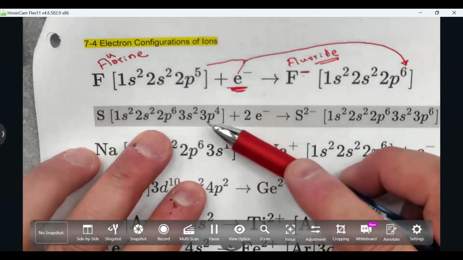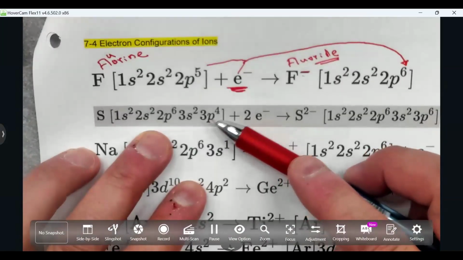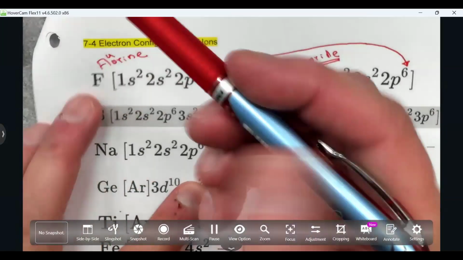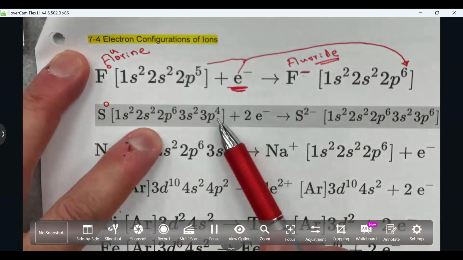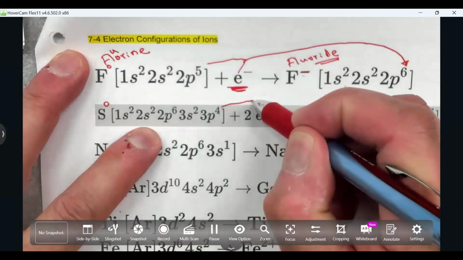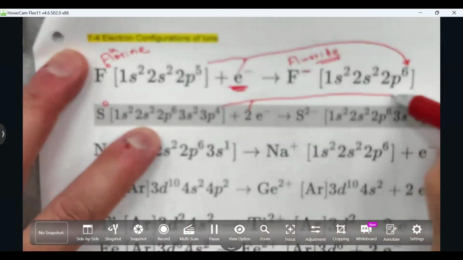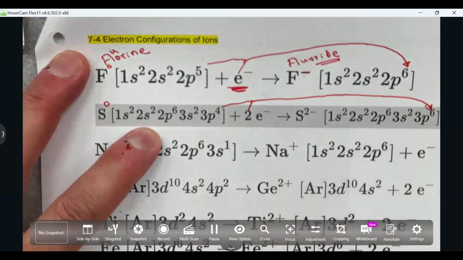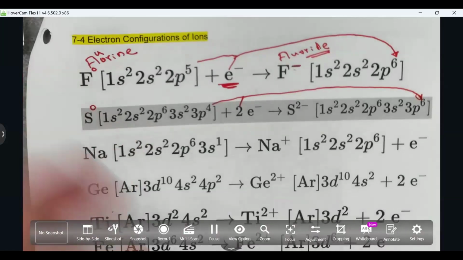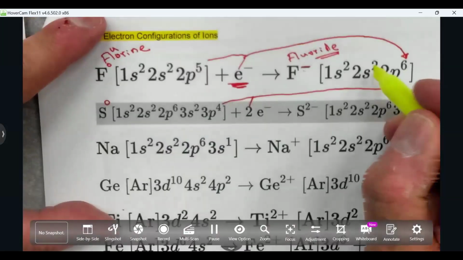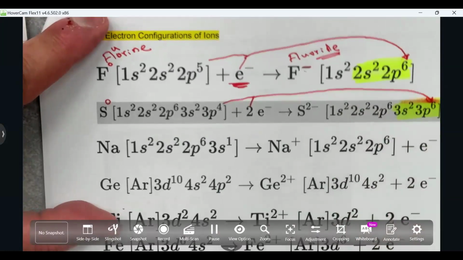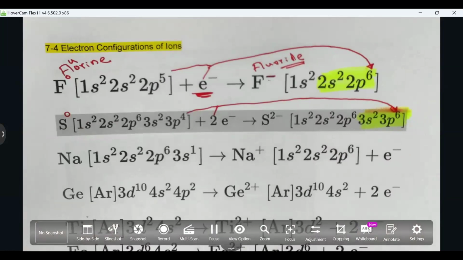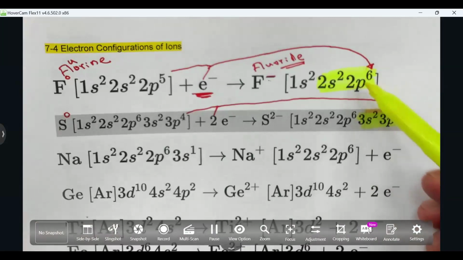Sulfur. The neutral atom ends in 3p4. Again, these are neutral atoms, no charge. What does it need to do? It needs to gain 2 electrons. What are my valence electrons now? Noble gas, correct? This is my noble gas.